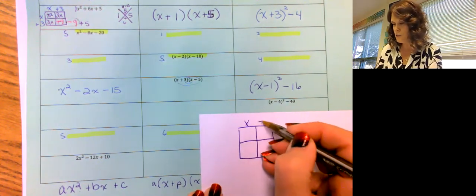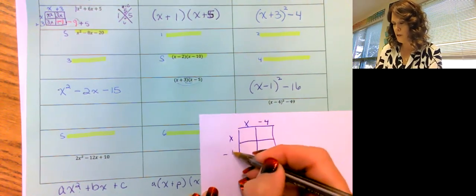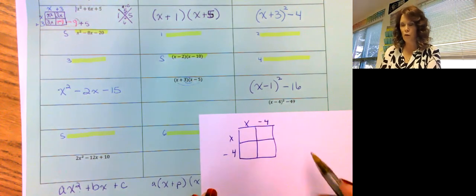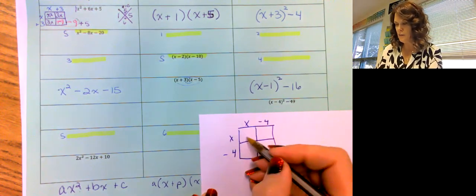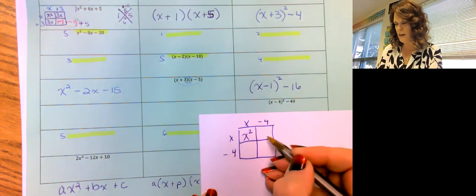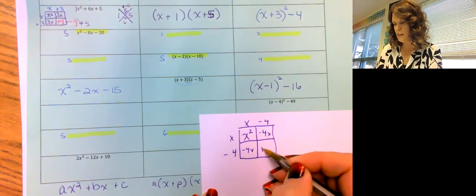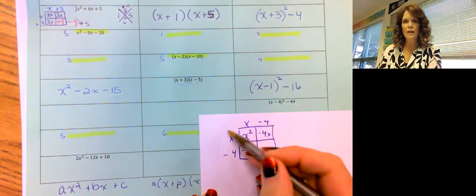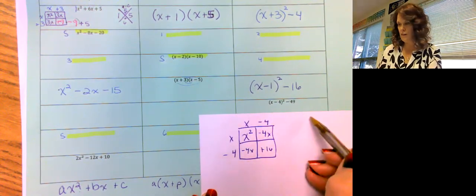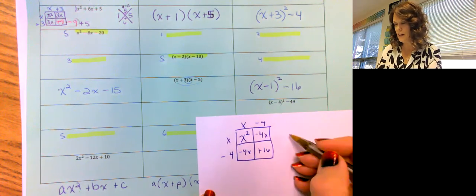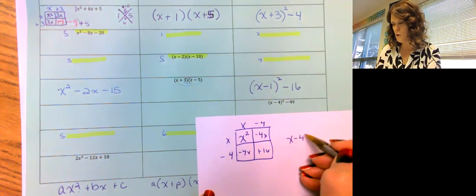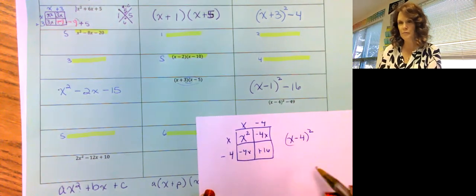And do x minus 4 here, x minus 4 here. Okay, that's a perfect square. And if I multiply it out, I get an area of x squared minus 8x plus 16. Okay, so this represents the same thing as x minus 4 squared, right?